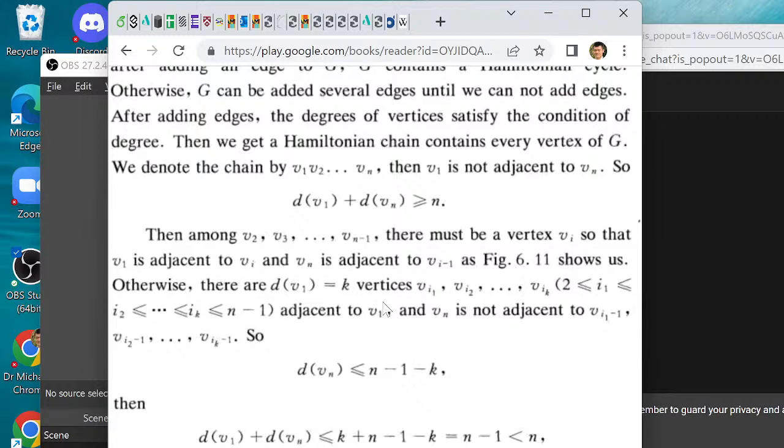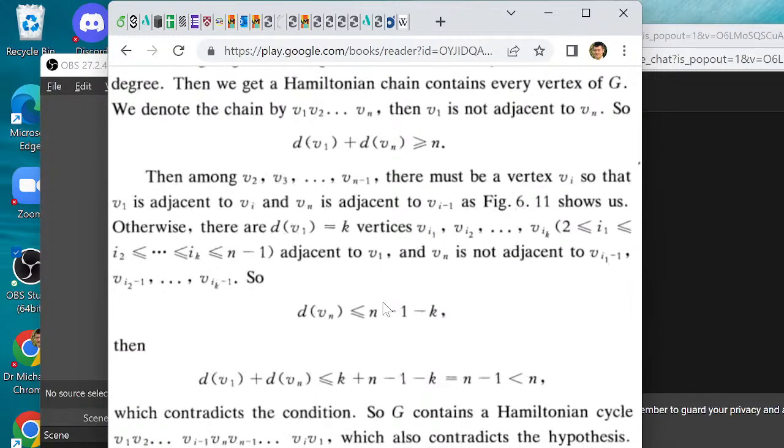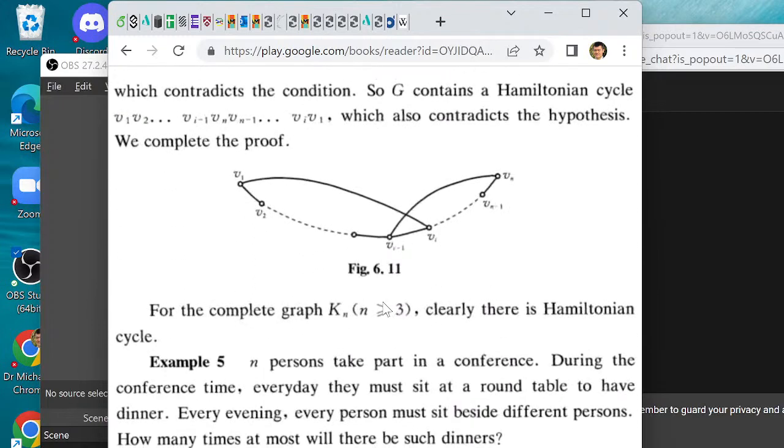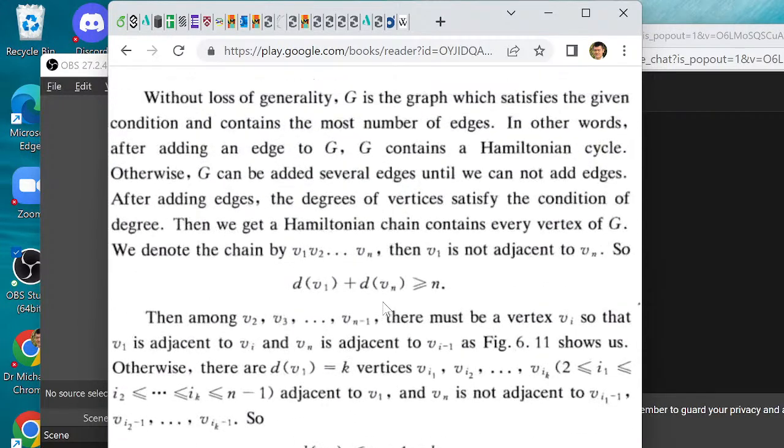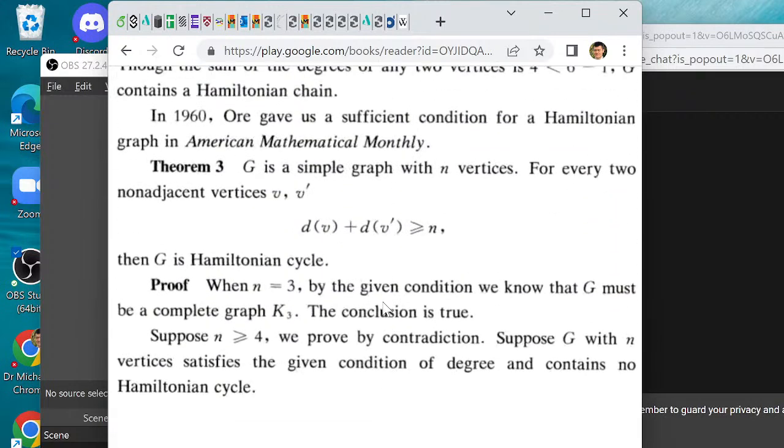And you get the same way of creating a cycle as before. Where is this condition?